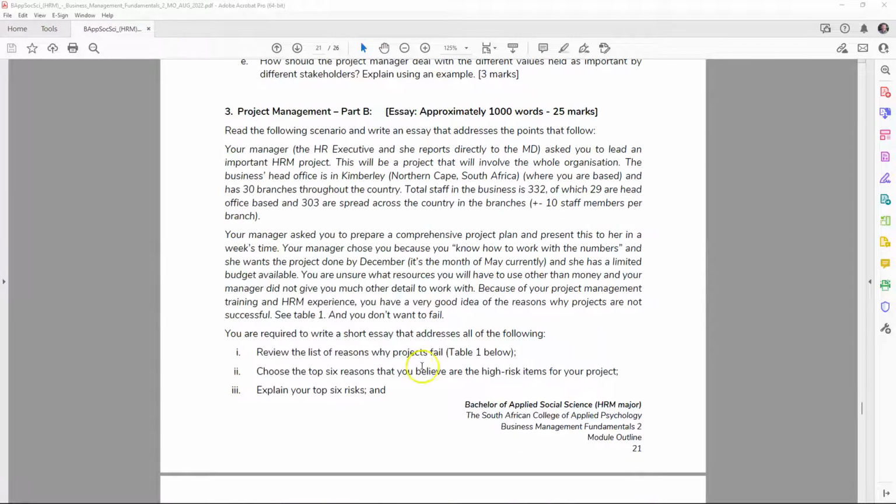Then for this particular project of the scenario painted above, you would choose the top 6 reasons from that table that you believe are the high-risk items for your particular project. And then you will explain your top 6 risks.